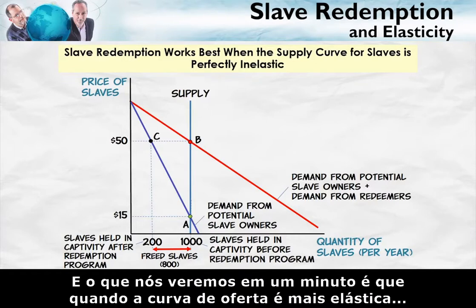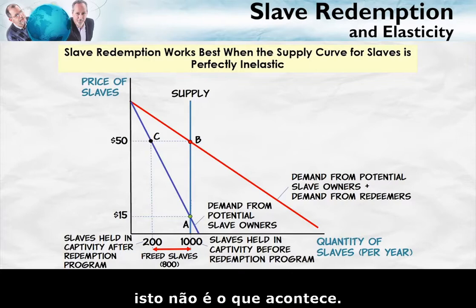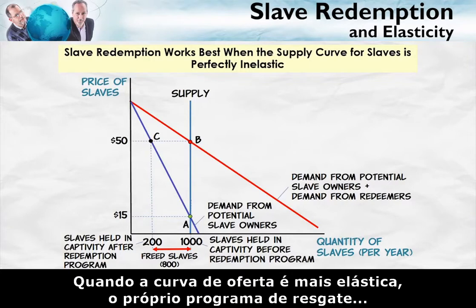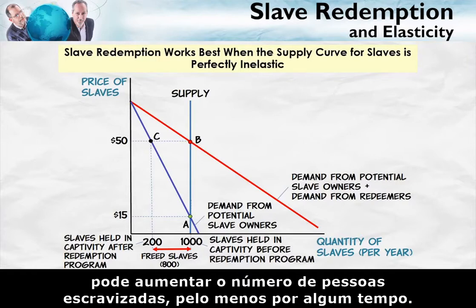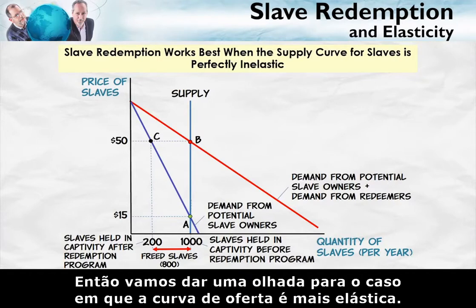And what we're going to see in a minute is that when the supply curve is more elastic, that's not the case. When the supply curve is more elastic, the redemption program itself can increase the number of people who are enslaved, at least for a period of time. So let's take a look now at the case where the supply curve is more elastic.